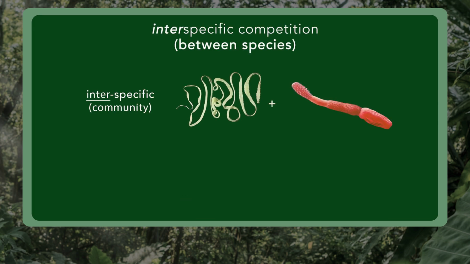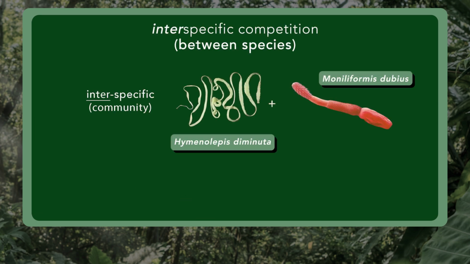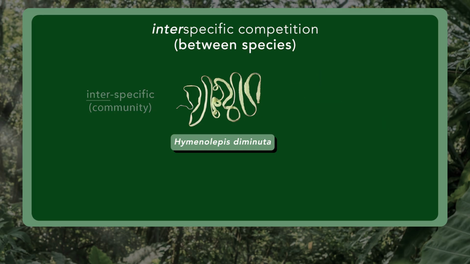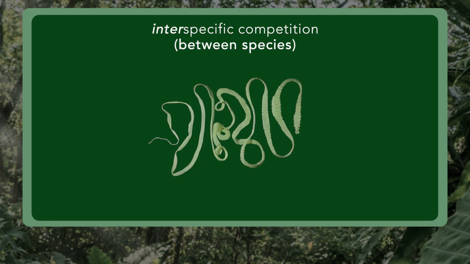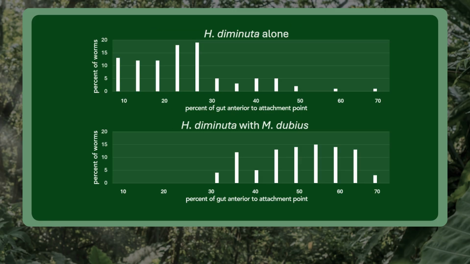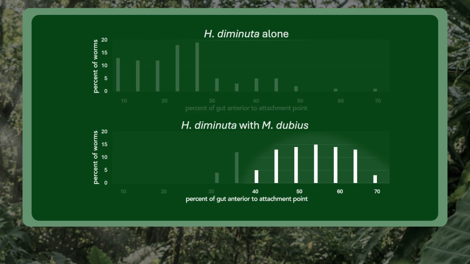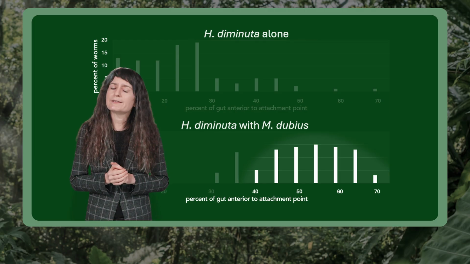Now, to test whether Hymenolepis diminuta and Moniliformis dubius are competing, let's compare what happens in a single species infection compared to a two-species infection. When we grow Hymenolepis diminuta in the presence of Moniliformis dubius, we see that the place where it tends to wind up is in the posterior portion of the intestine. Curious.